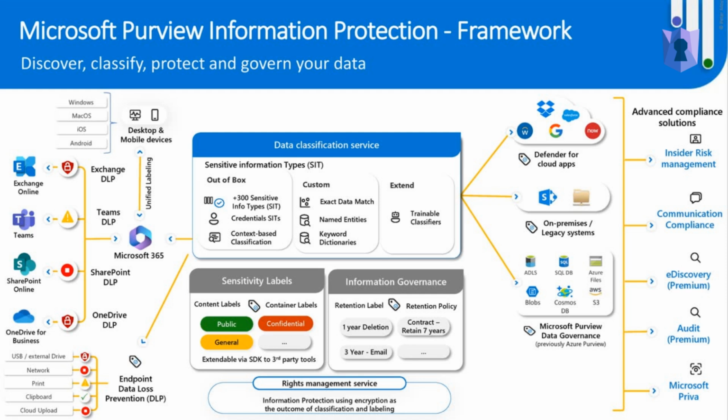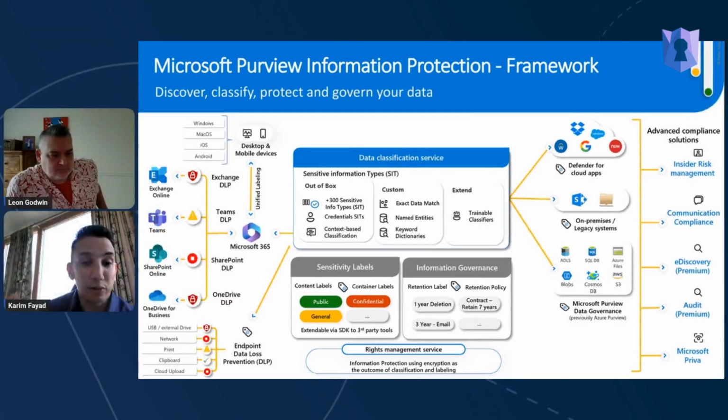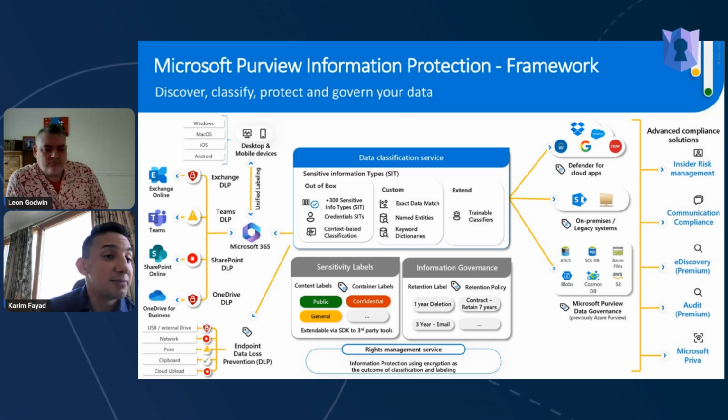And the last classification type would be what we call the extended SIT, which is basically artificial intelligence and trainable classifiers coming into the picture, classifying your data according to the metadata. Just to give an example of how it works, say you have a document library on SharePoint that contains lots of resumes and CVs.